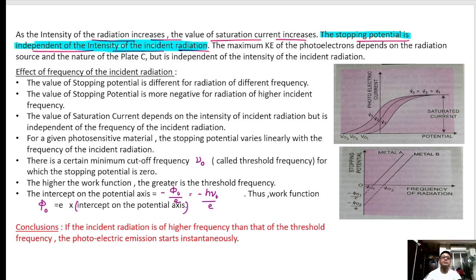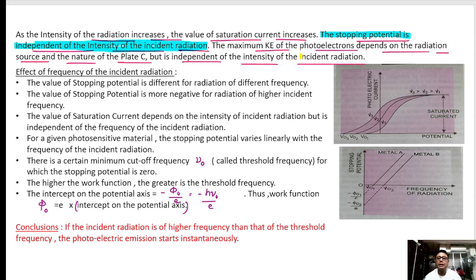Clear? Next, the maximum kinetic energy of photoelectrons depends on the radiation source and the nature of the plate, but is independent of the intensity of the radiation. So please watch here.